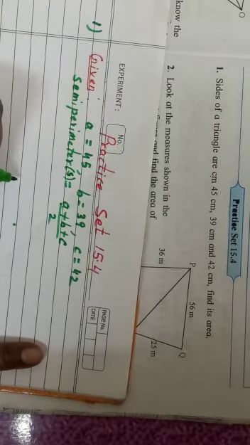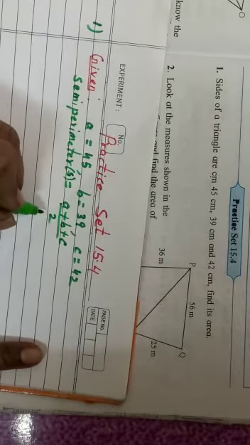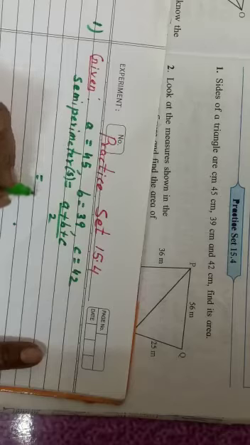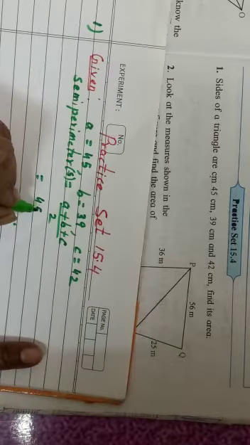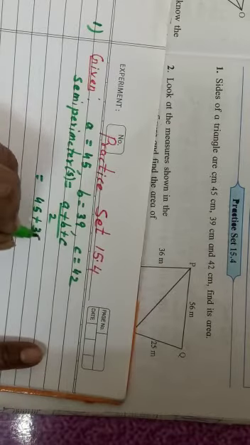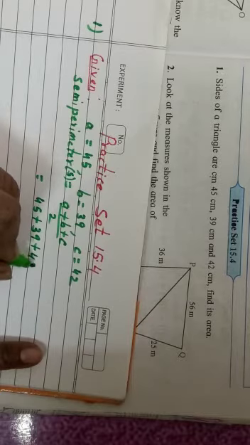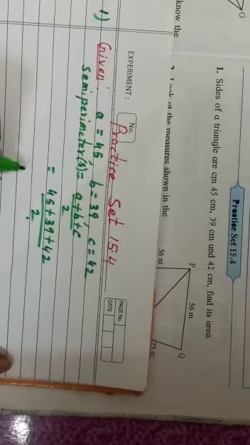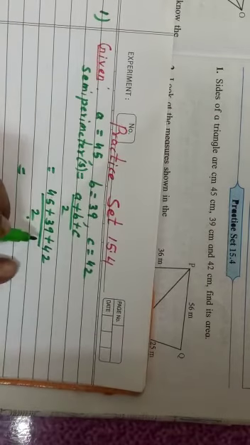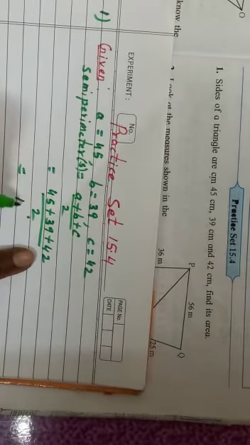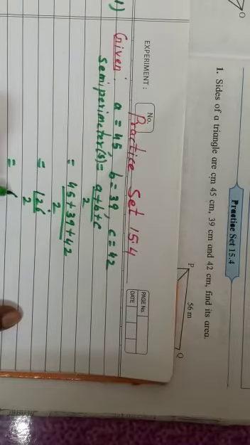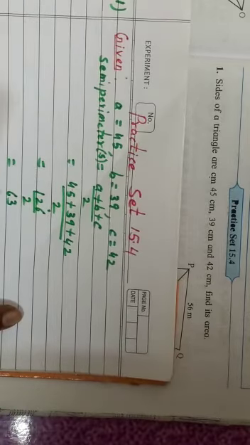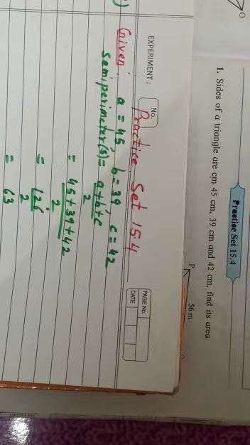S is equal to A plus B plus C upon 2, which is equal to 45 plus 39 plus 42 upon 2. Now you add all this, you will get 126 upon 2, which is equal to 63. So the semi-perimeter we have got is 63.